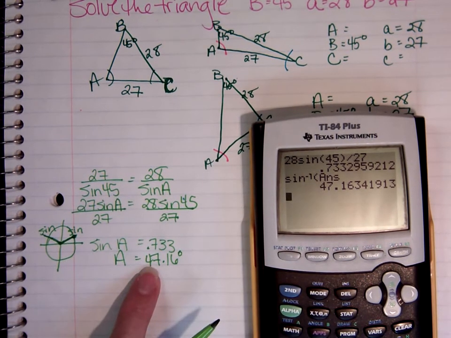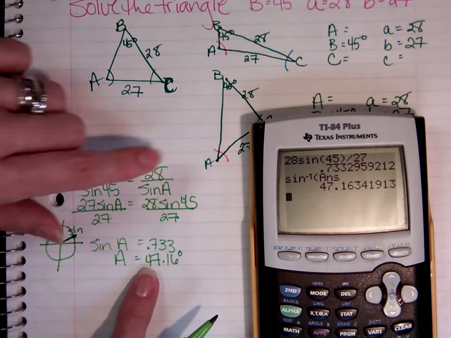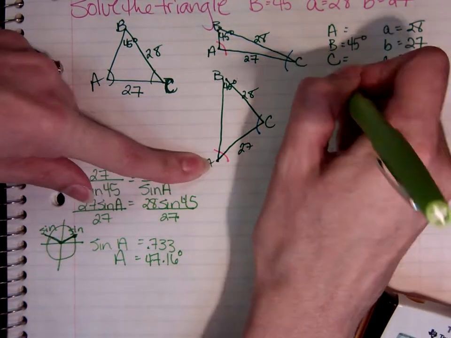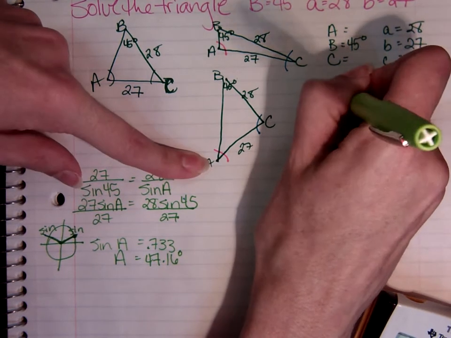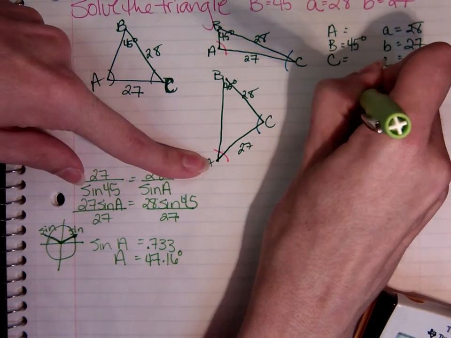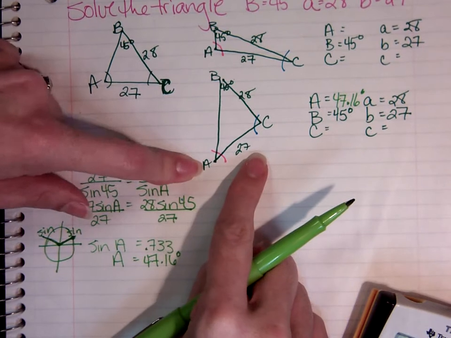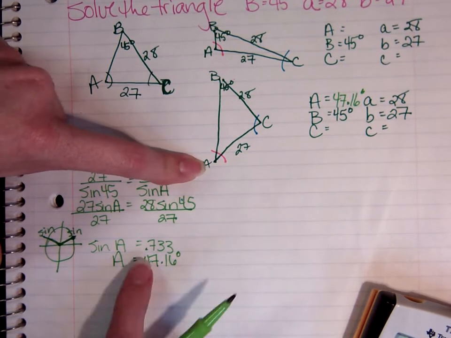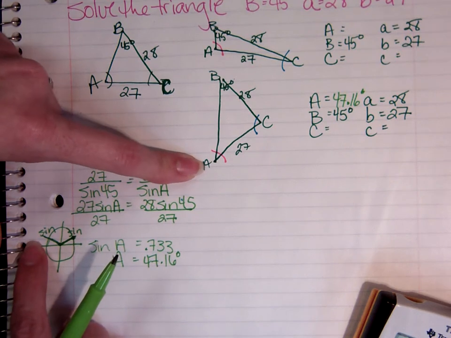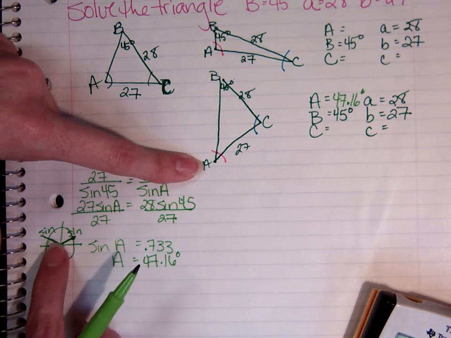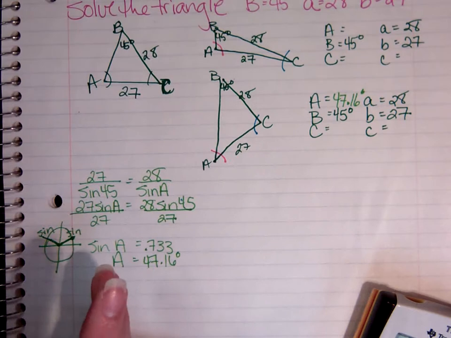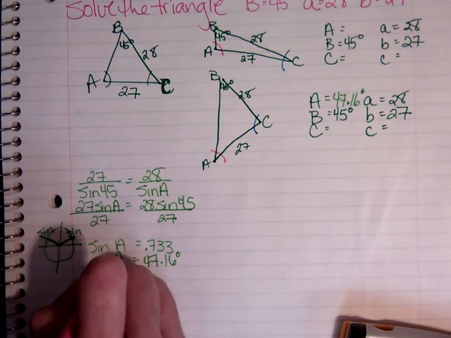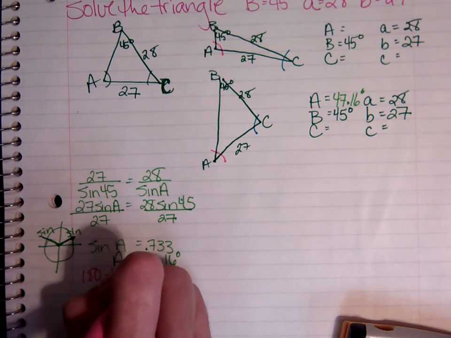That's an acute angle. That tells me I'm looking at this version of the picture. So I'm going to put my 47.16 here with this triangle. Well, how do I get this other one? Well, again, think about 30. 30 and 150 are the same. So to get my other angle measurement, I'm going to do 180 minus the 47.16.